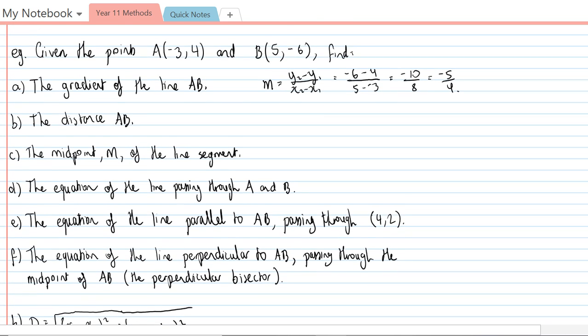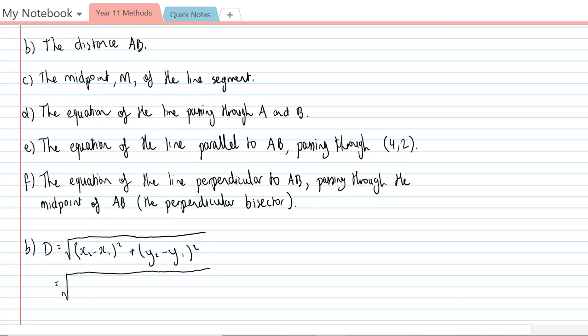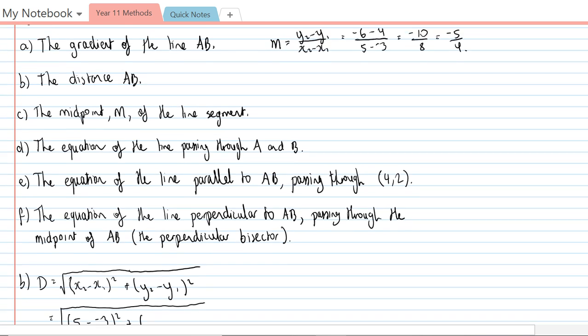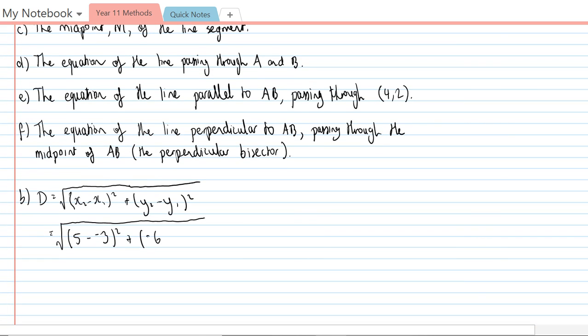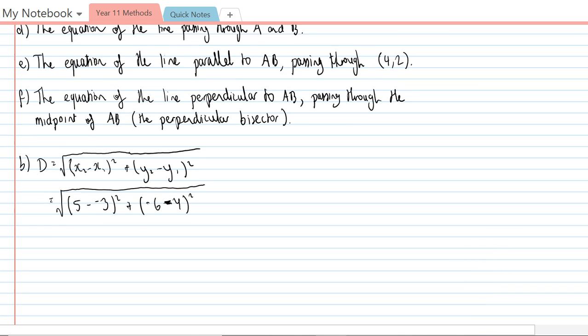which is the square root of, now, x2 is 5, x1 is -3. So 5 take -3 squared plus y2 is -6, y1 is 4. So -6 take 4 squared. That's a minus.